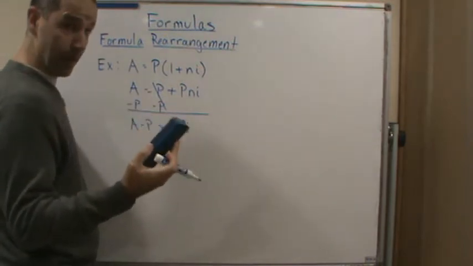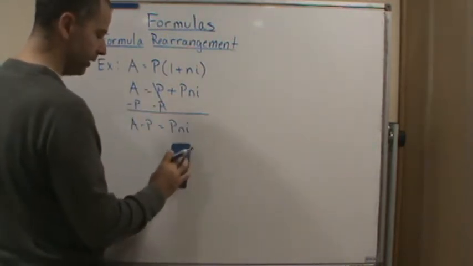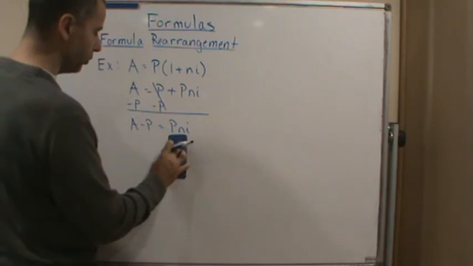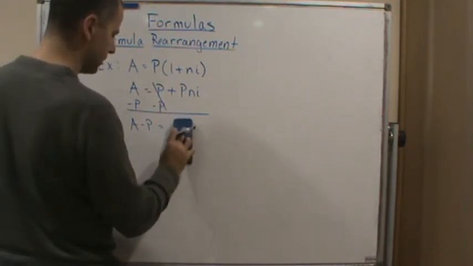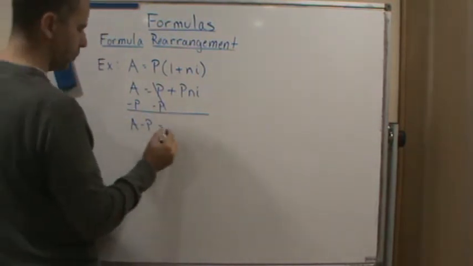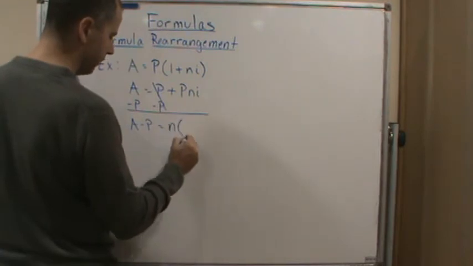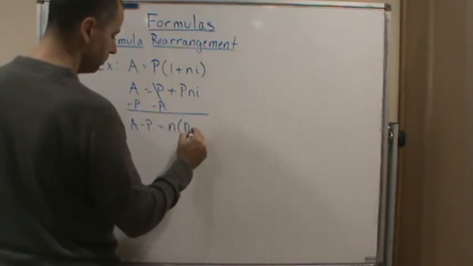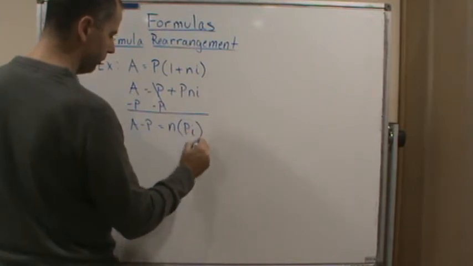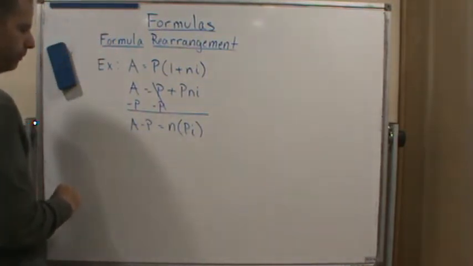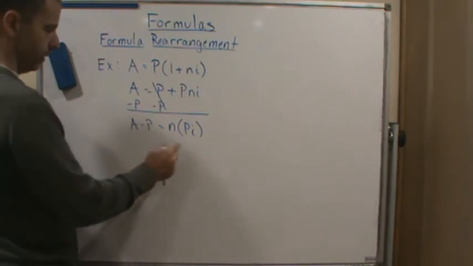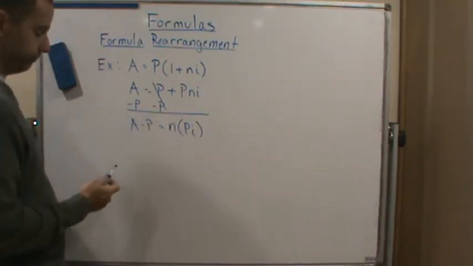Again, you could do this mentally too. You don't have to write this, but I just want to show you so you can visualize something. So I can write this as n times p I, right? Just to show you what to do.